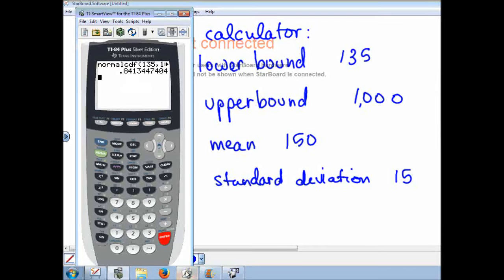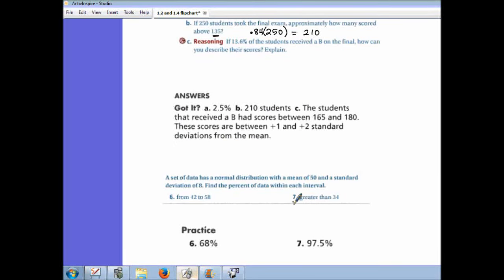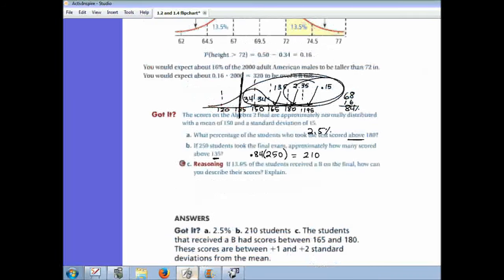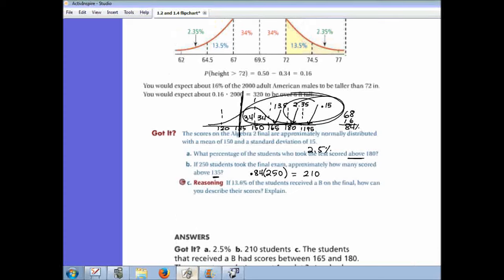And if you remember a few moments ago, that's what we calculated here. The percentage of scores above 135 was, here it is right here, 84%. So rather than having to add up all of these by hand and figure out the area or the percentages, we can have a calculator do it for us.